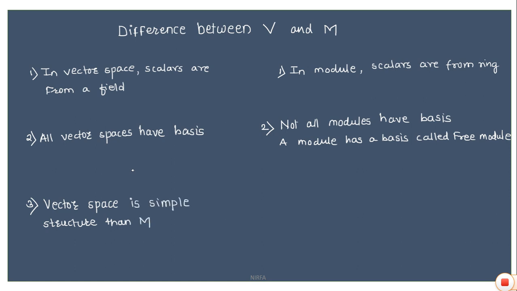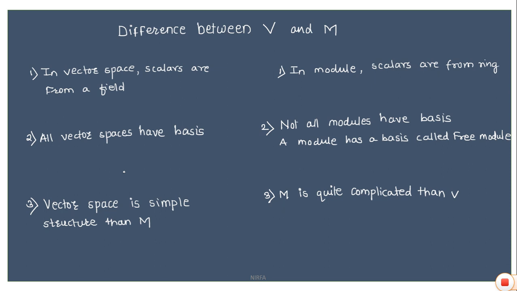The third difference is a vector space is a simpler structure than a module, while a module is quite a complicated structure compared to a vector space. From these differences we can understand that not all modules have a basis, and those that have bases won't necessarily have well-defined dimensions.